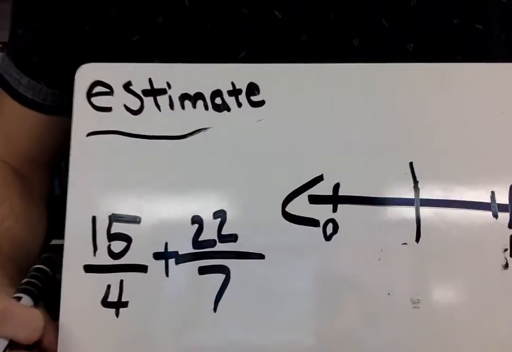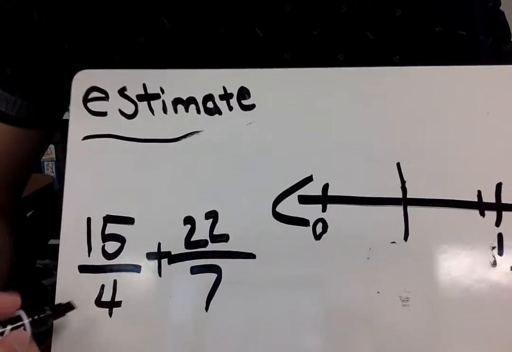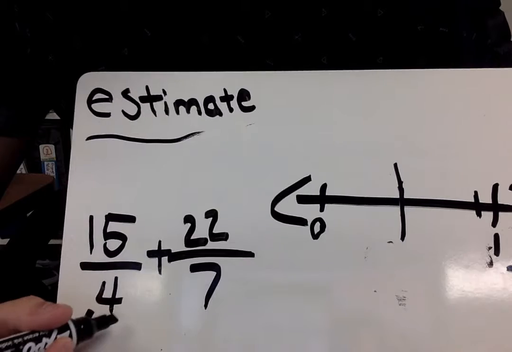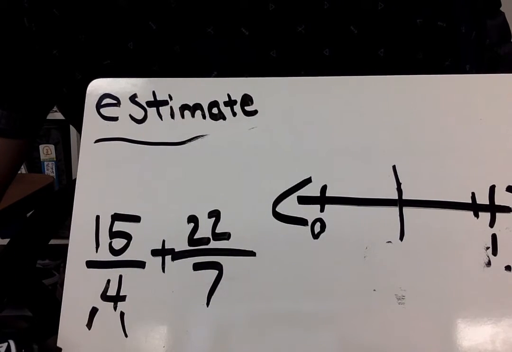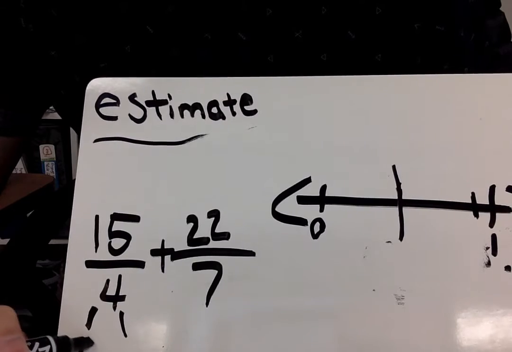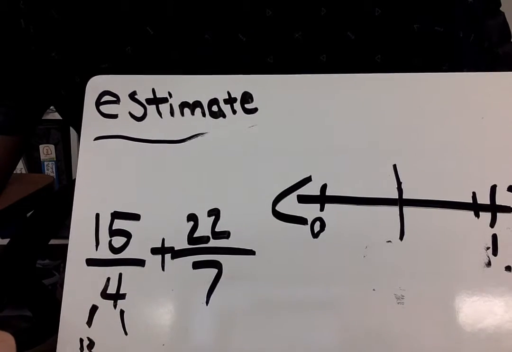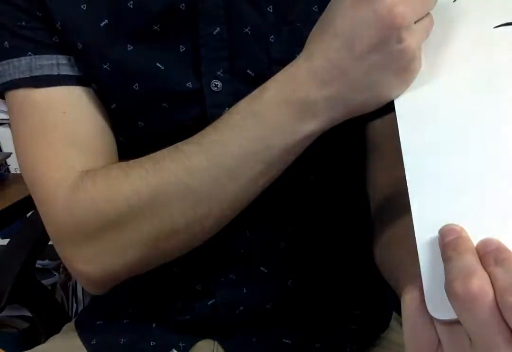And we can do that with a number bond. So here we have 15/4. I know 4 goes into 15 3 times, so I have 12/4. And then I have 12 plus 3.